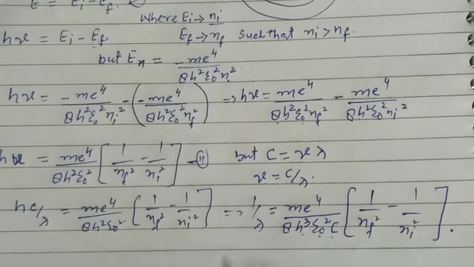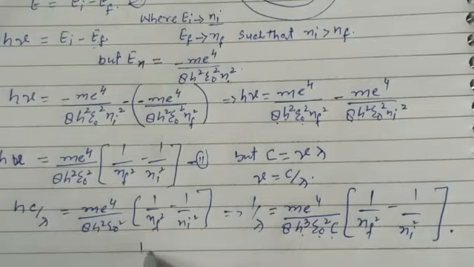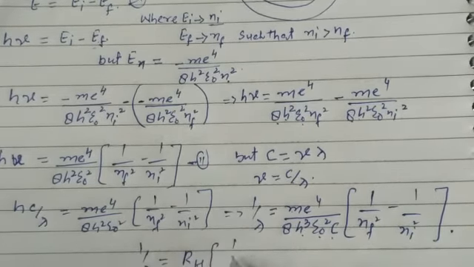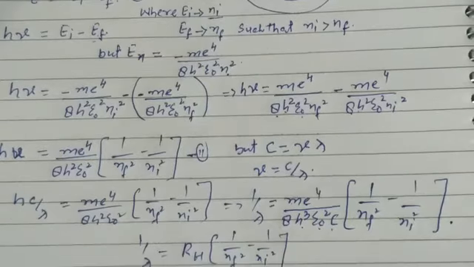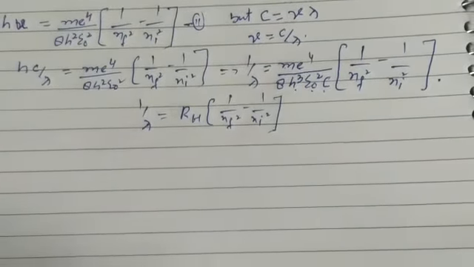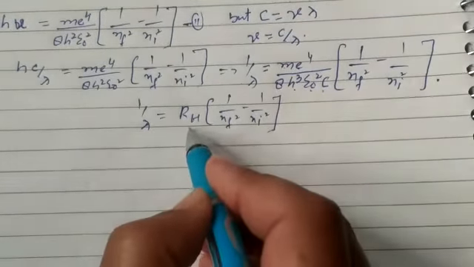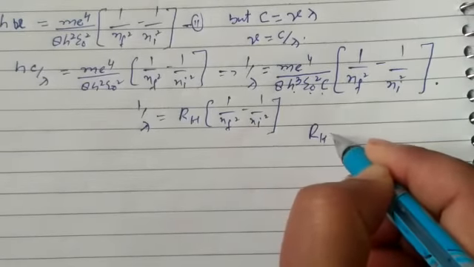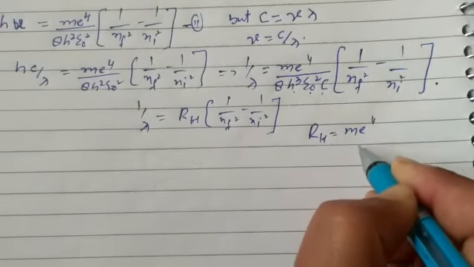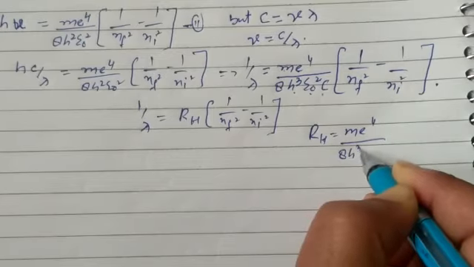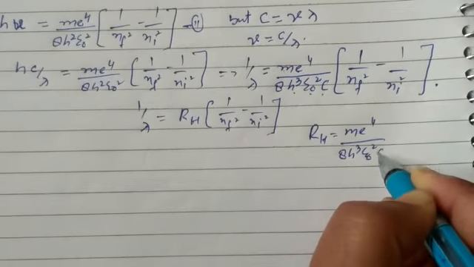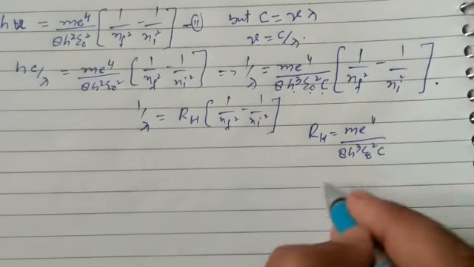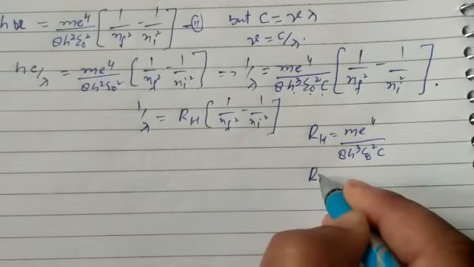Everything is constant, so we can write 1 over lambda equals to Rh times 1 over nf square minus 1 over ni square, where Rh equals m e to the power 4 over 8 h cube epsilon naught square c, and is known as the Rydberg constant.